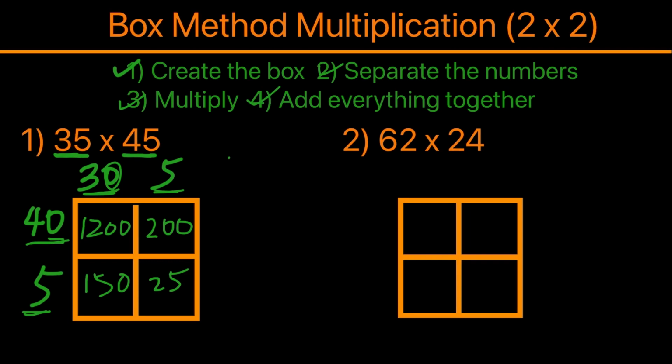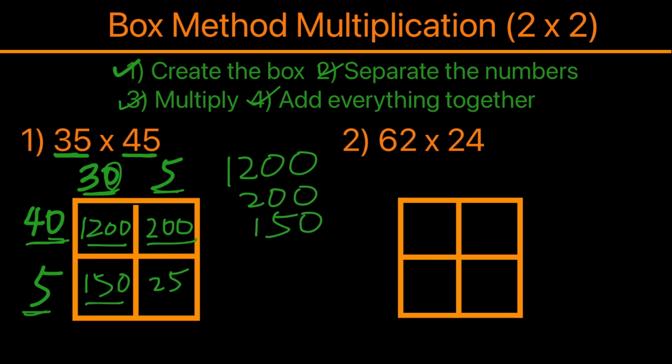So we'll take 1200 plus 200 plus 150 plus 25. Adding them all together, I have 5 here, 7, this is 5, so the answer is 1575.